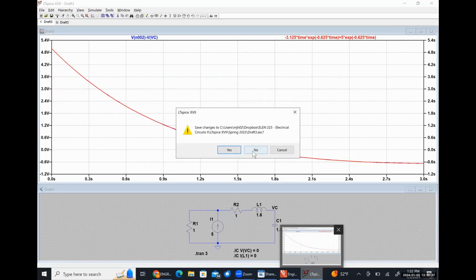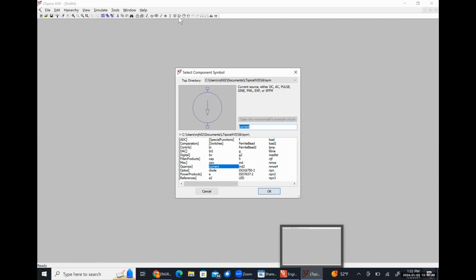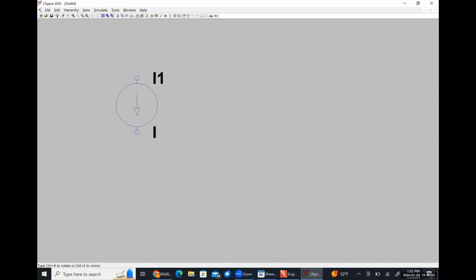Close that. Anybody going to be perturbed if I am lazy and just put a single 5 ohm resistor in here?